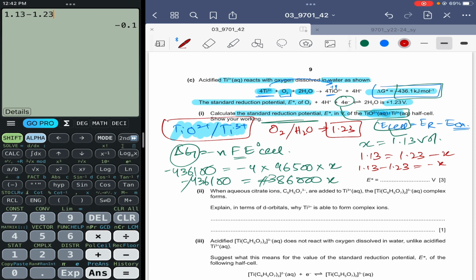Negative signs would be cancelled out, and this would be equal to 0.1. So this is the reduction potential of the titanium half cell. They have given us the value of delta G, so first we calculated the cell potential from the relationship between delta G and cell potential, and afterwards we put it in the formula of E cell and calculated the reduction potential of the titanium half cell.